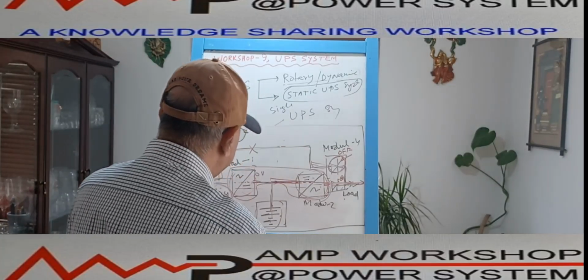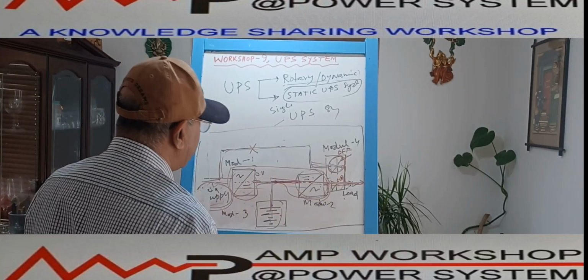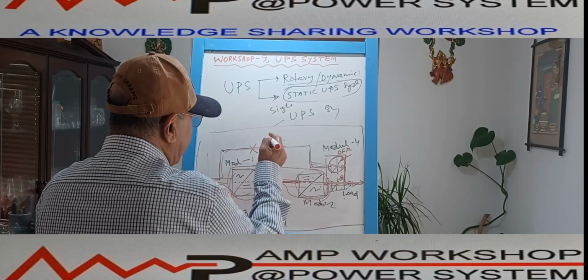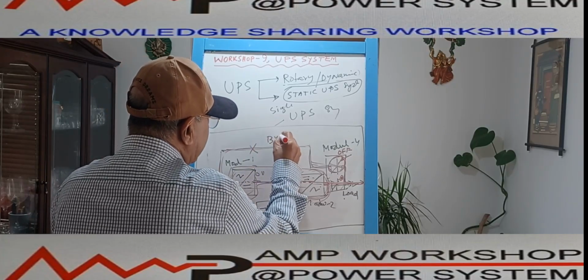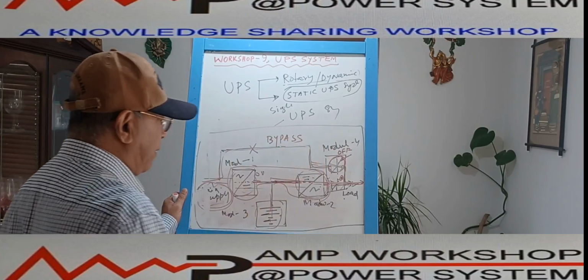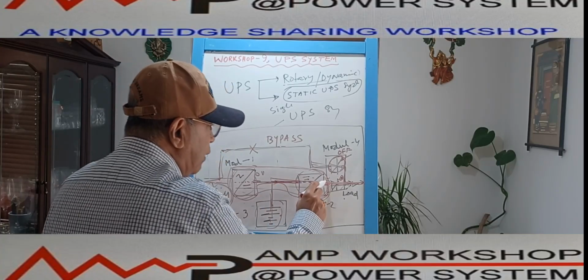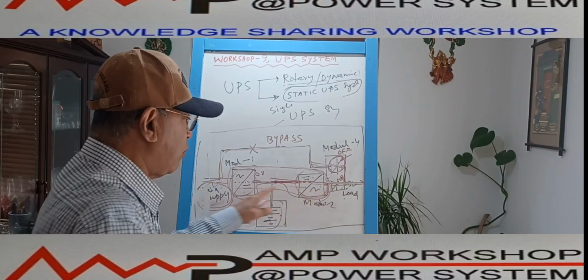Now in this basic solid state UPS system, this is called our bypass line, bypass supply or main supply. What is happening here? The UPS supply is very regulated, and we can control the waveform.